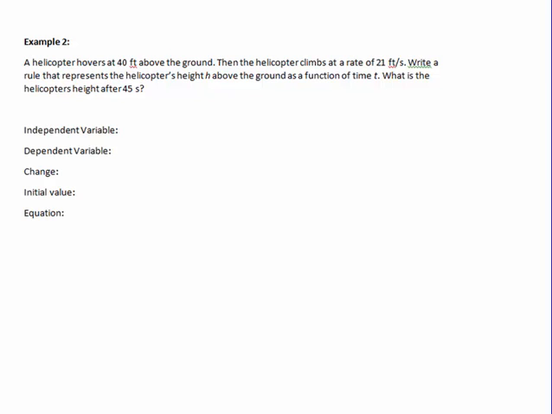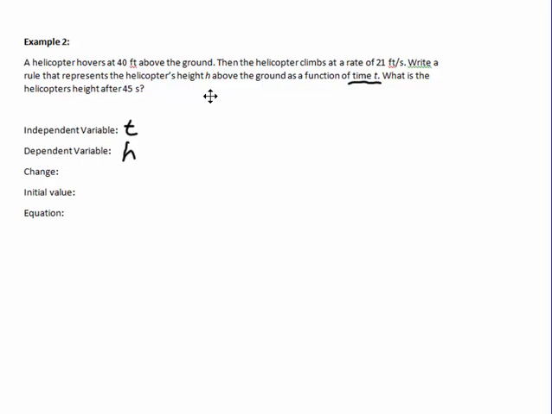Okay, so here, again, our independent variable is given as a function of time. So t, which stands for time. And our dependent variable here is h. h depends on time. So our height depends on how long we have been flying.